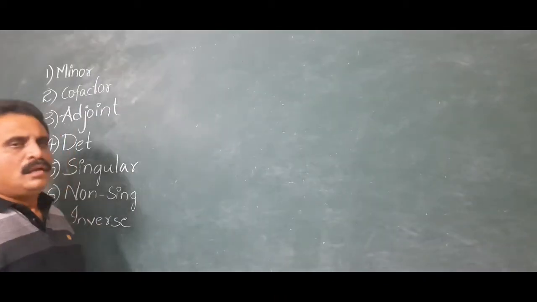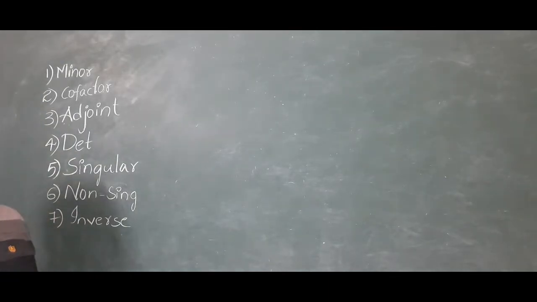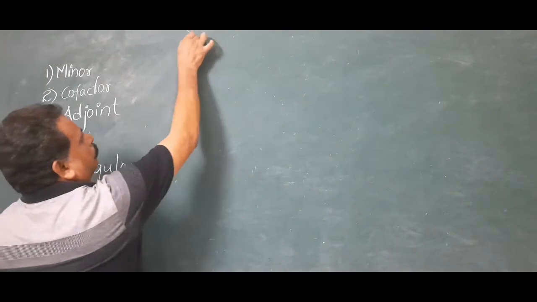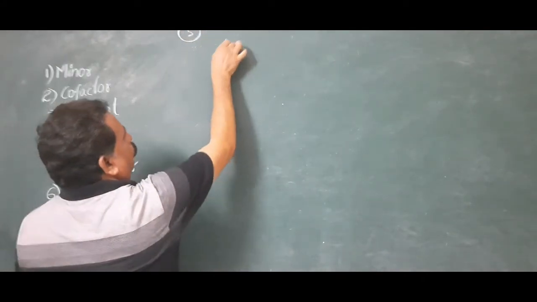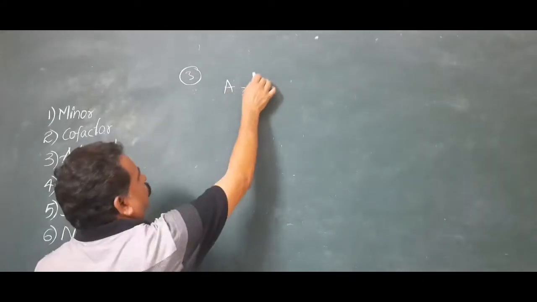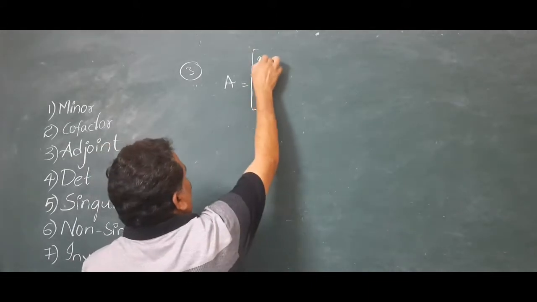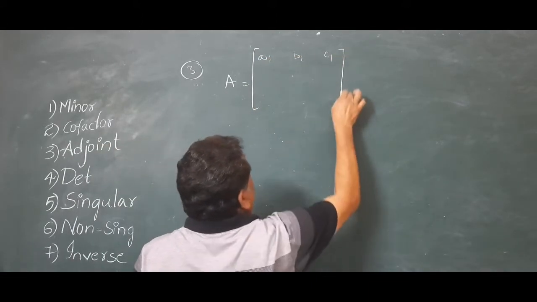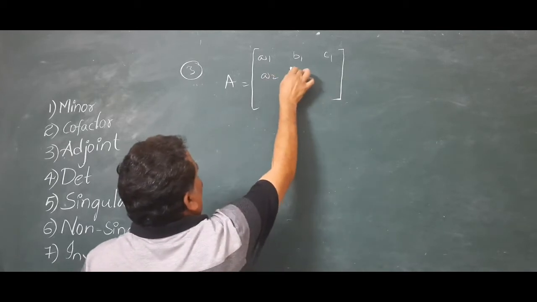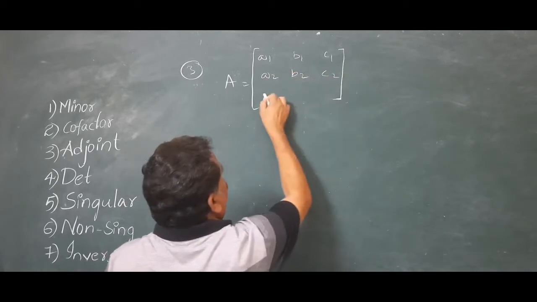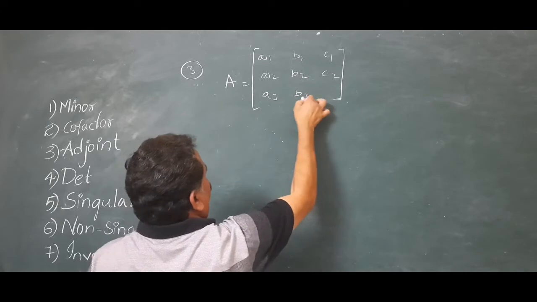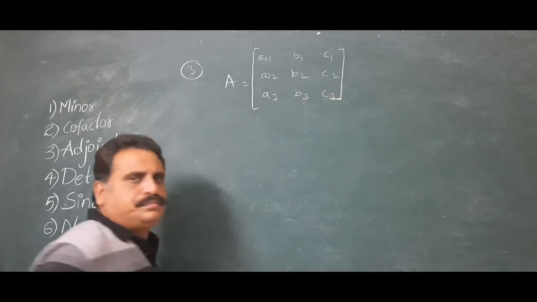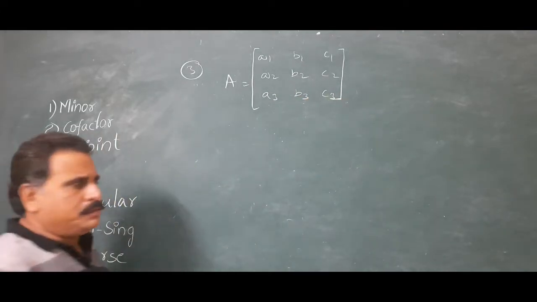Done. Now we discuss the third point, adjoint of a 3 by 3 matrix. A equals A1, B1, C1, A2, B2, C2, A3, B3, C3, that is a 3 by 3 matrix.